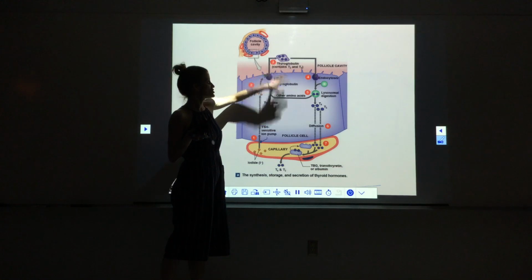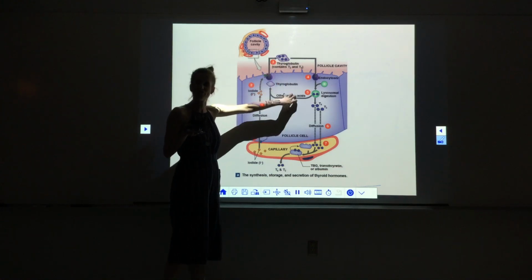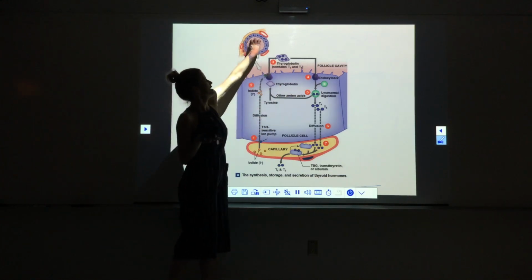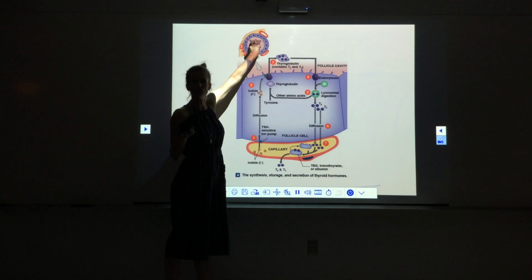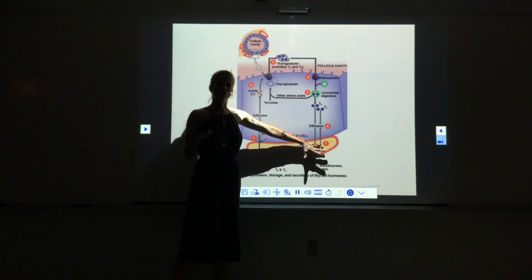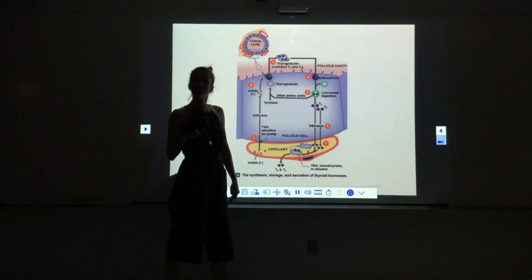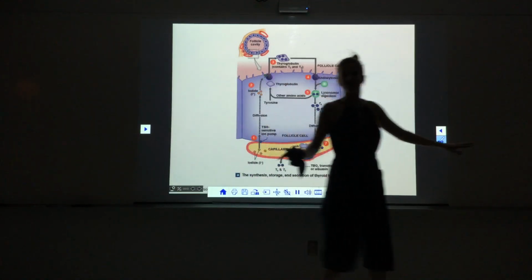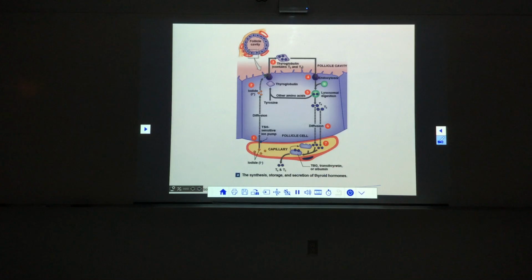So if you've got a ton of this stored inside the cell, now your cell's super crowded, and you're going to start affecting the osmolarity of your cell. Whereas if you just store a bunch of this in the cavity here, it's kind of out of the way until you need it. And then when you need it, you can just come digest it and go. But that's just a theory. But the body doesn't do anything for no reason, so there definitely is a reason.